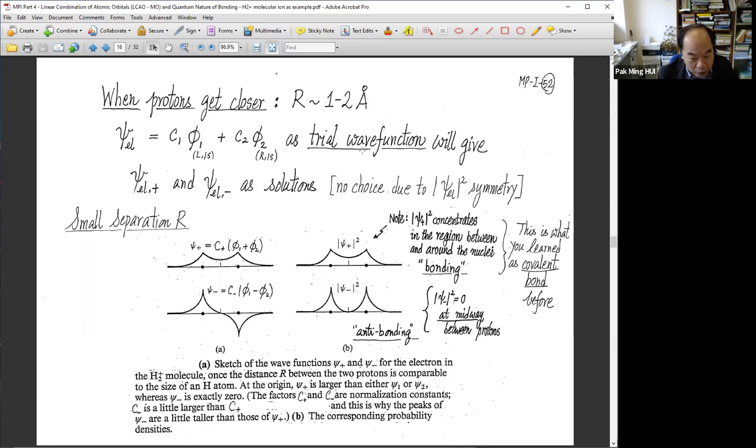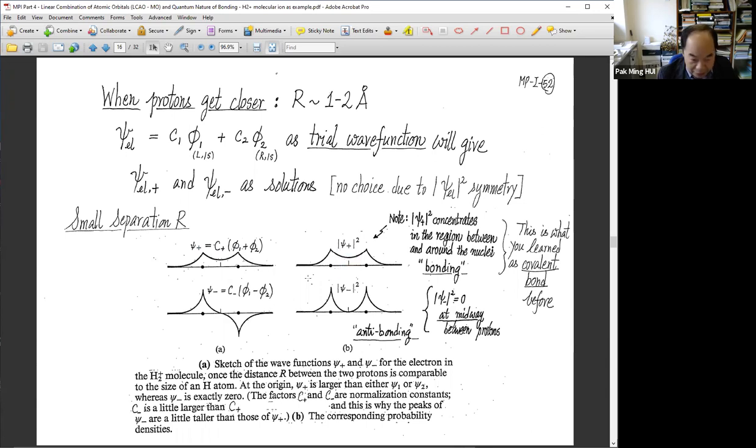So if you consider such a smaller separation that is around the ballpark of bonding, for the plus combination, the wave function looks like this. The point is, it is decaying from the left, it is decaying from the right, but it is not falling to so small in the middle. And these two add up to be slightly bigger in the middle, okay? So that's the point. You square it, it is still not zero in the middle, all right?